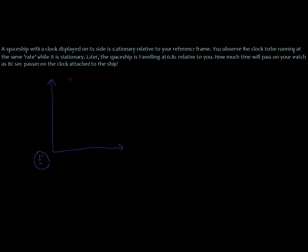You have a rocket, which is traveling to the right at velocity v equals 0.8 c, or 80% the speed of light. And we'll call their reference frame R for rocket. In their reference frame, their delta T prime is going to equal 80 seconds.